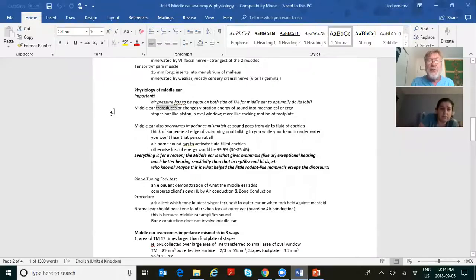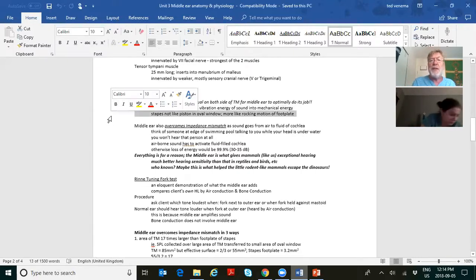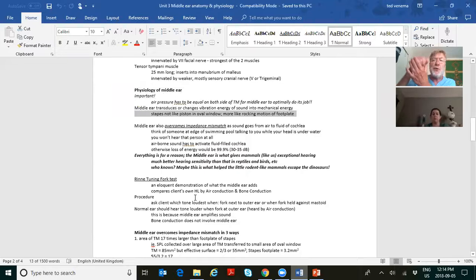But anyway, I'm going ahead of myself. Back to your notes here. Middle ear transduces or changes vibration energy of sound into mechanical energy. The stapes is not truly like a piston, but it more or less has a rocking motion, but still mechanical energy.